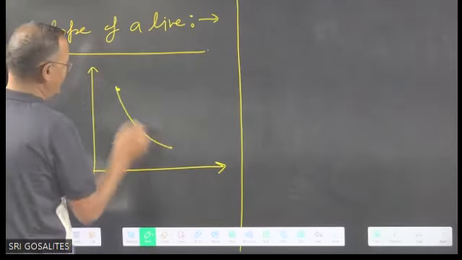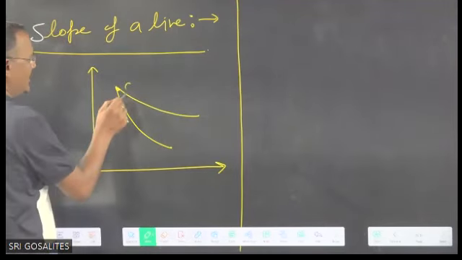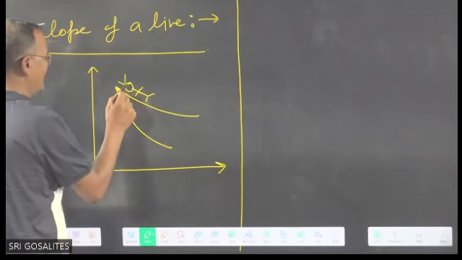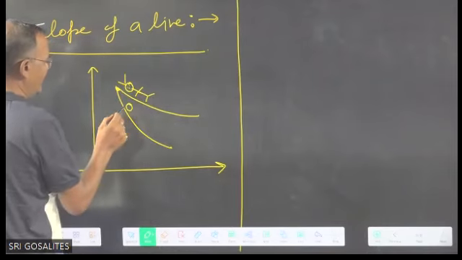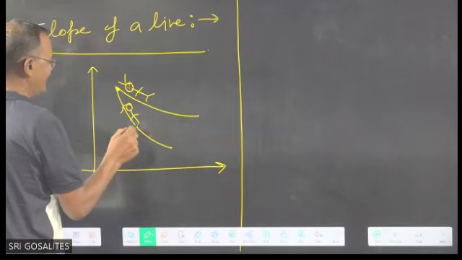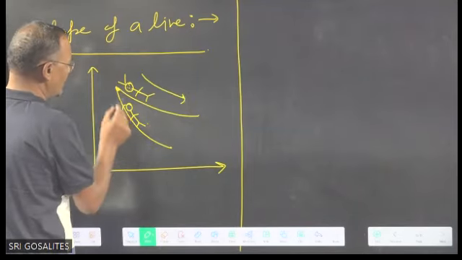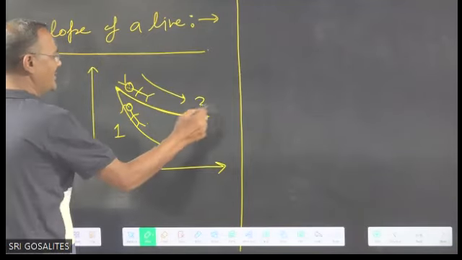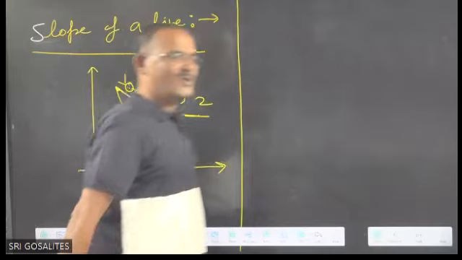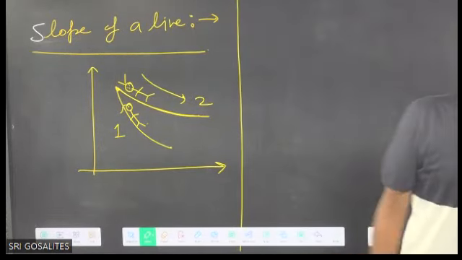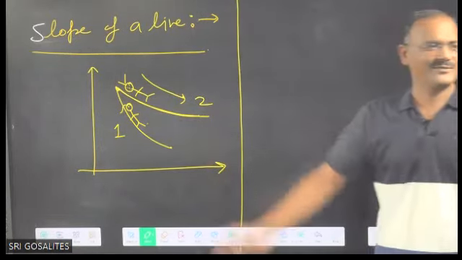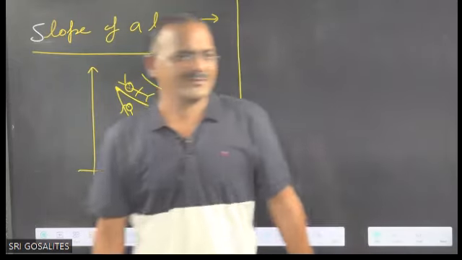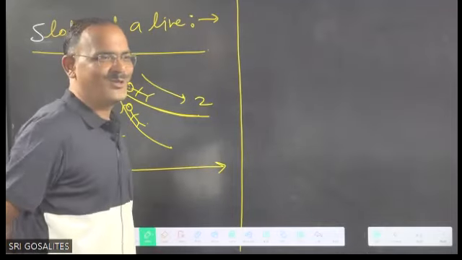Suppose there are two slides. Here one child is there and here another child is there. Both are going to slip. This is the first curve, this is the second slide. So first of all you tell me what is the name of this child? No Chotu.